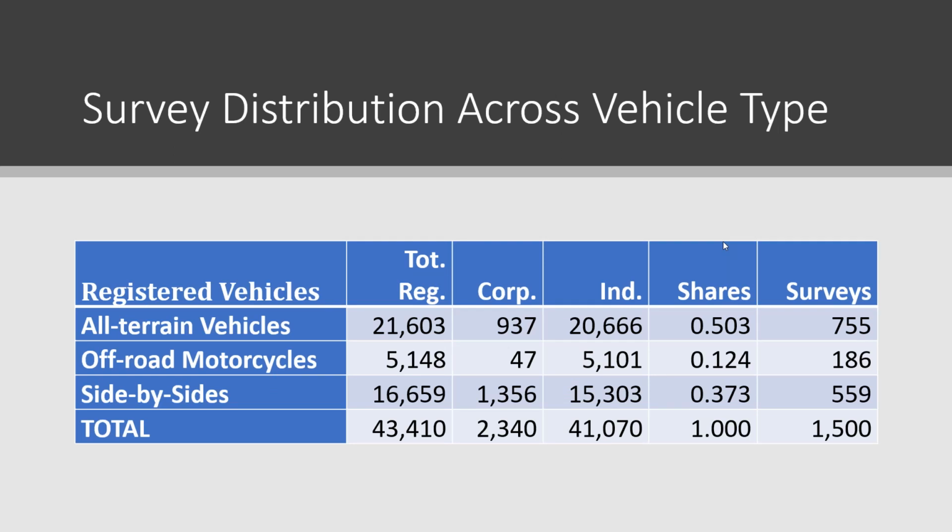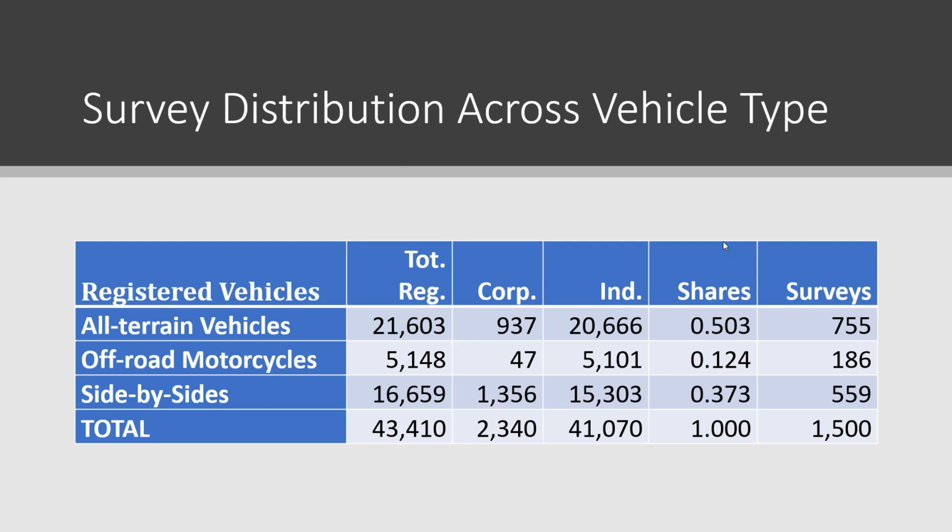This is our survey distribution. We took the registered vehicles, and the first column shows the number of registered vehicles in all our categories. The second column shows how many of those registrations were to corporations, and they totaled 2,340 machines. We took those out of the population.